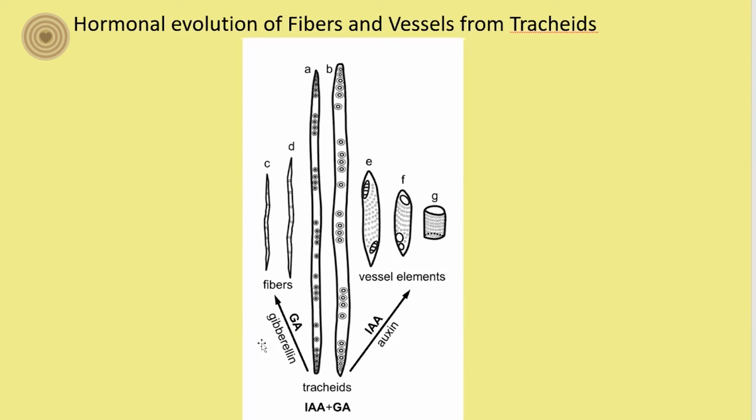By understanding the mechanisms, we can manipulate plants and get better plants, either industrial plants mainly for fibers, or improve tree growth and get the type of wood that we are interested in.